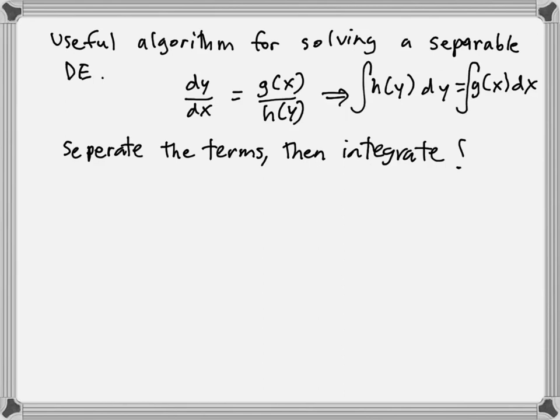And this leads us to the answer. So this is why it's called separable. It's because you can separate it in this form. All right? So I like to say the steps are separate and then integrate.